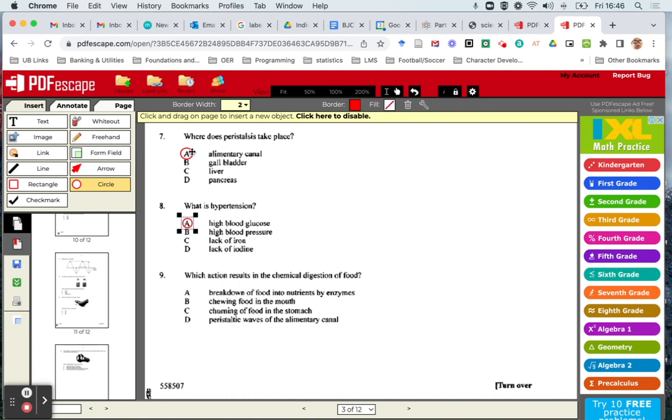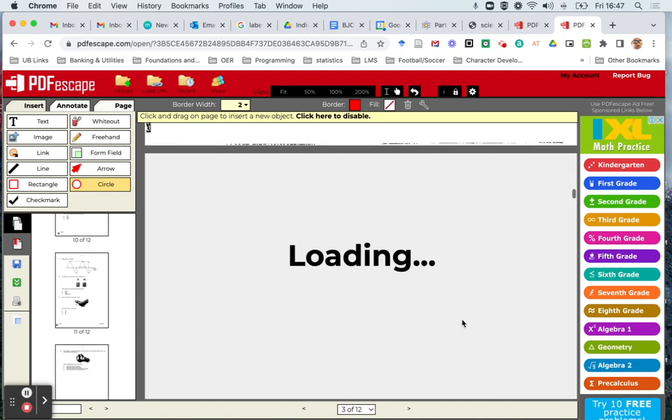That would give you a hint for question 7. The only one of these that refers to a chemical breakdown is response A, so 9 is going to be A.